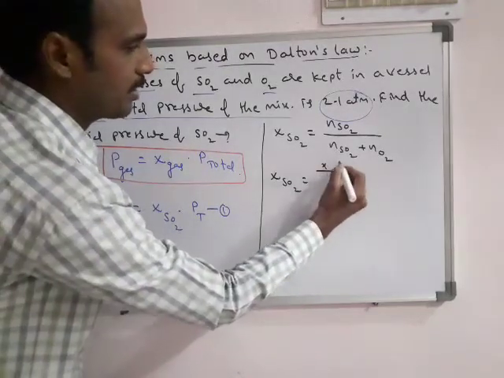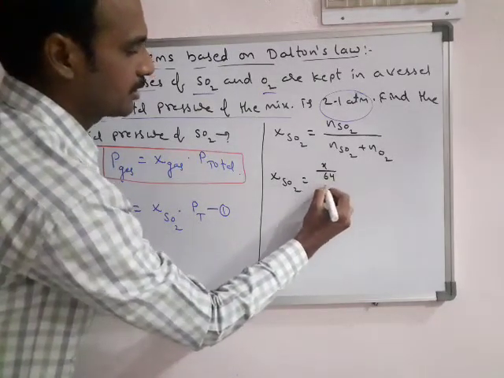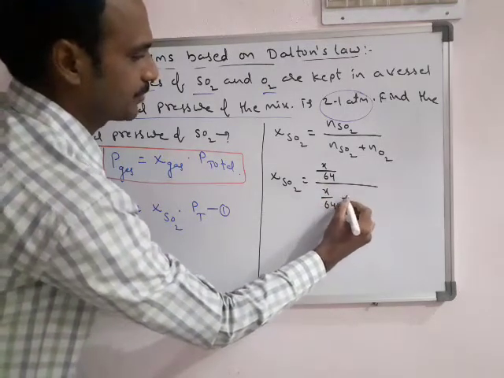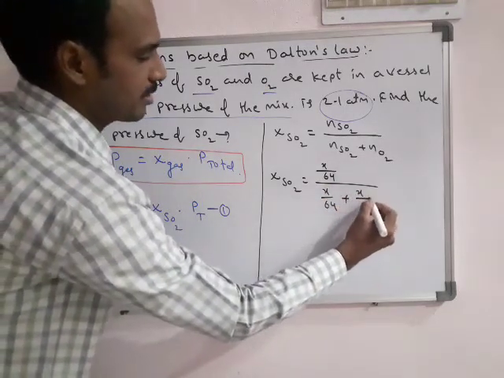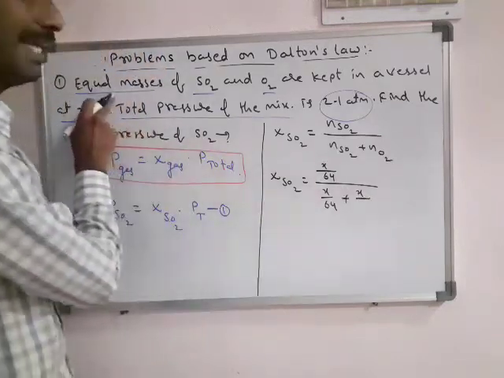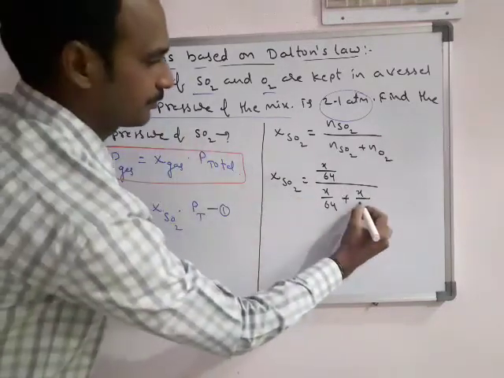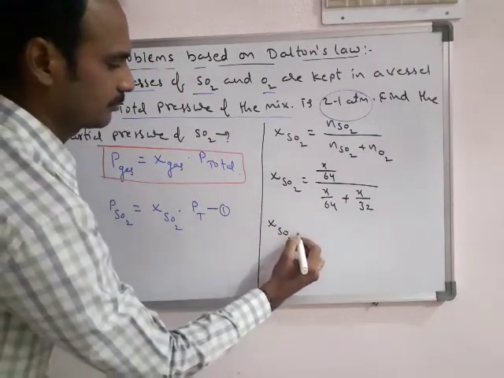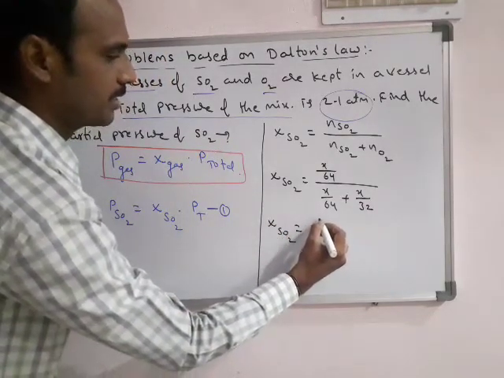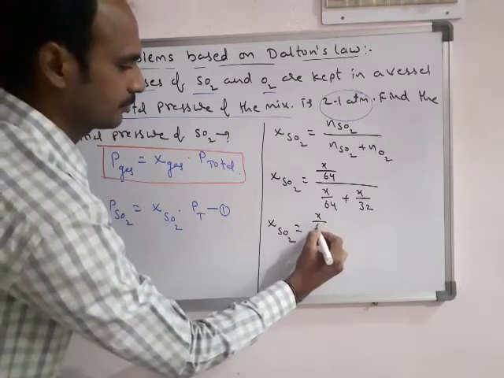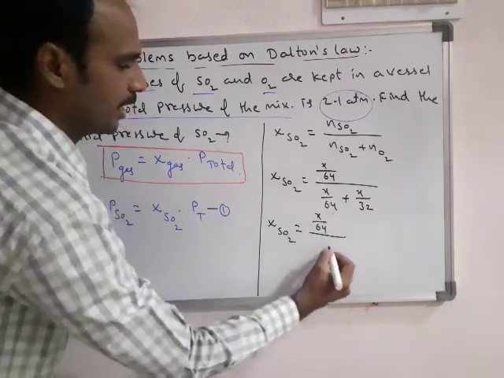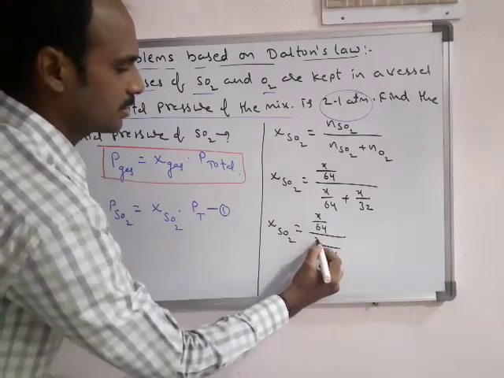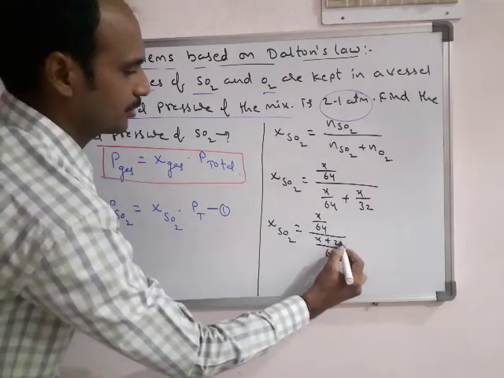So weight by molecular weight, which is 64. Again the same for O2, the weight is equal for both gases. How much will we get? Taking the LCM 64, this is X plus 2X.